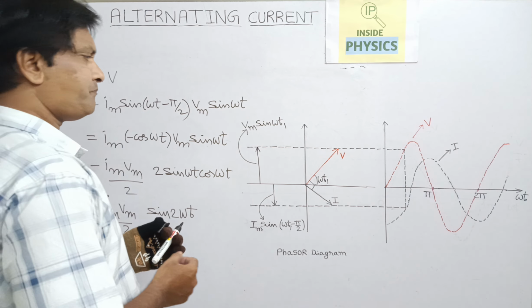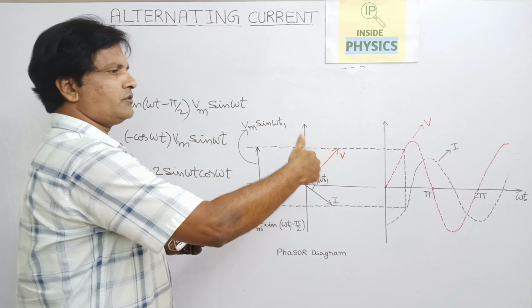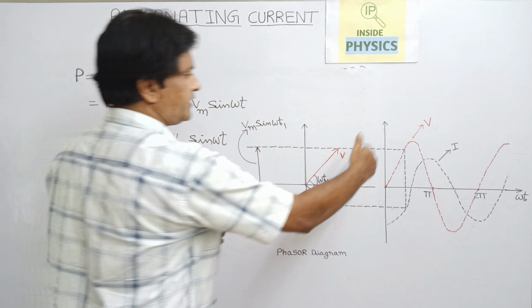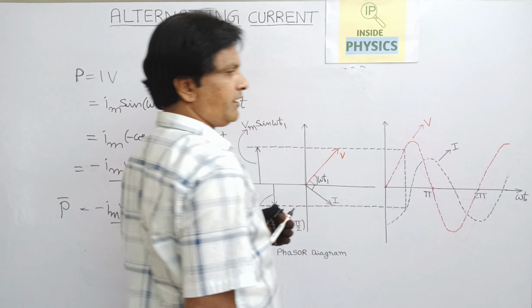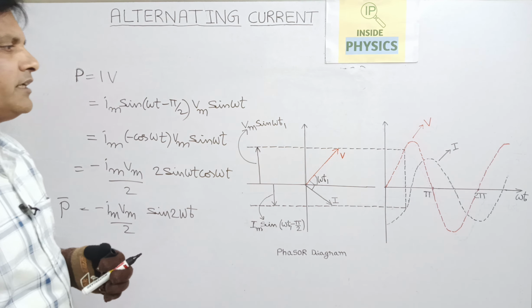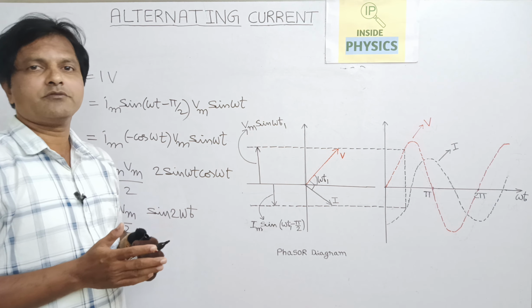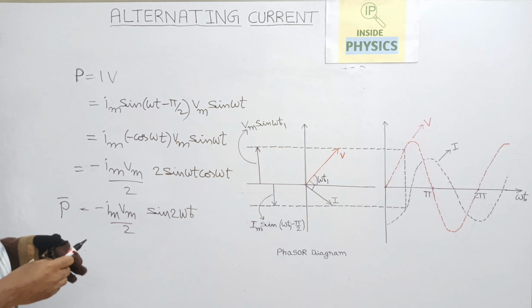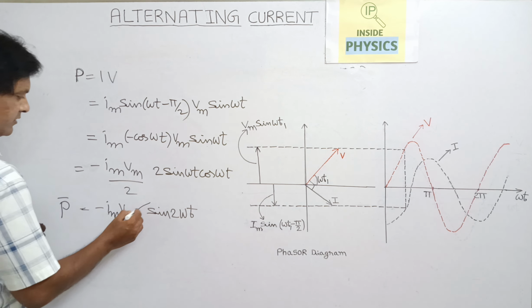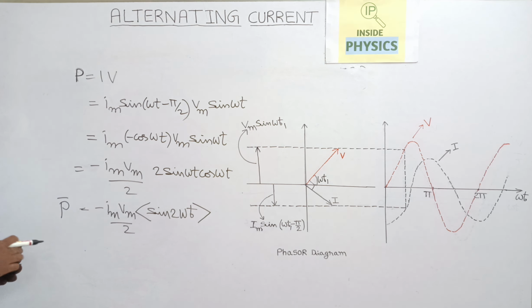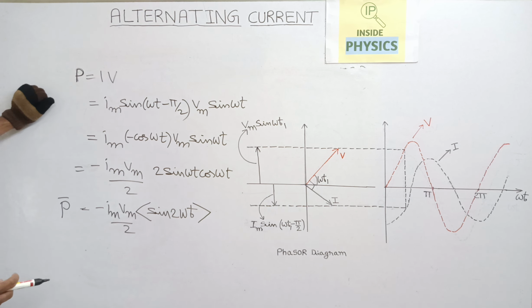See, the power supplied in one cycle, the average current or average voltage in one cycle is 0. We already did this in the previous video with resistor. So when we take the average, this will be taken into a term like this. This represents the average power.